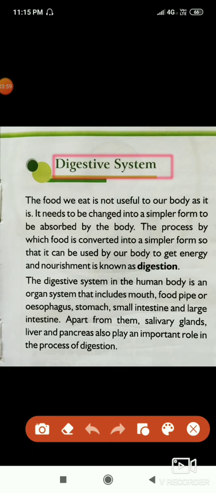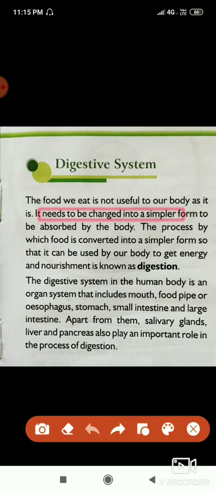Digestive system. Let's read some points written here in your book. See the first line: the food we eat is not useful to our body as it is. It means the food that we eat does not reach our body directly.